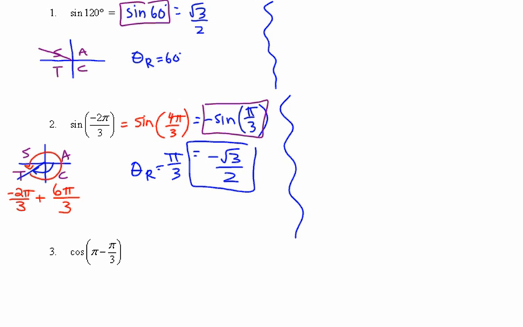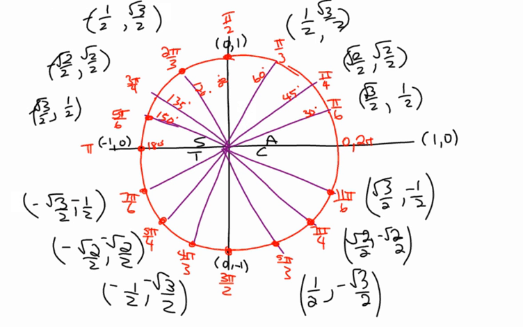If it was in this quadrant, it would be equivalent to the reference angle. I'll show you with your unit circle. Here's pi over 3, here's pi over 3. Notice these are the same because of CAST, same ratio, just a negative sign. That's what we're using.